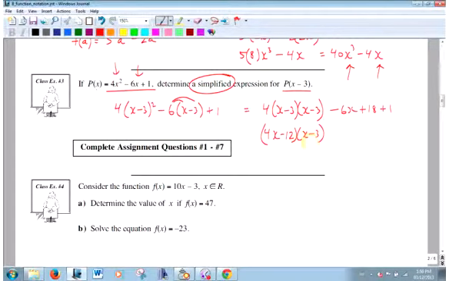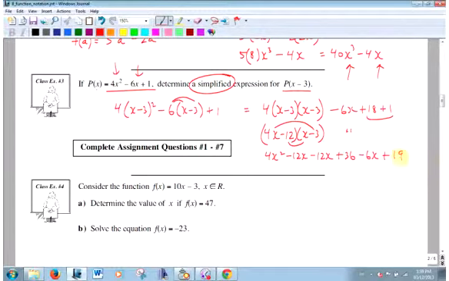Okay, now I'm going to FOIL. First is, I still have all this other stuff, right? 4x squared minus 12x minus 12x, and last is negative 12 times negative 3, which is plus 36. I still have this stuff. I'll collect 18 and 1, make it 19. Okay, I got some more collecting to do.